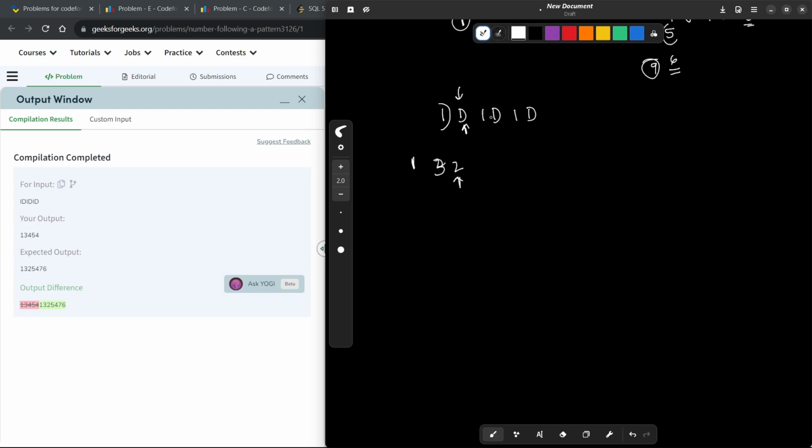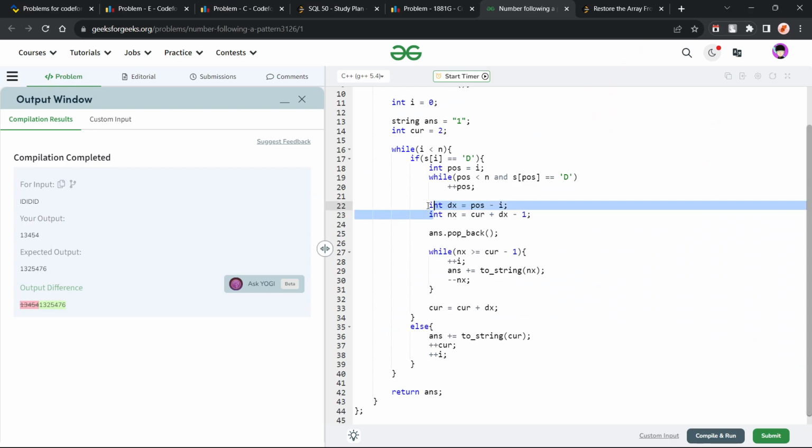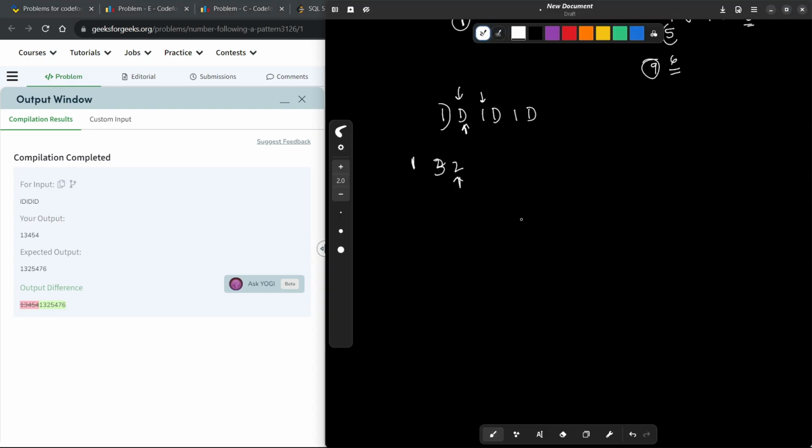So we were at this particular position. We came to this particular position. So the difference is 1, right? So we do current plus dx minus 1.